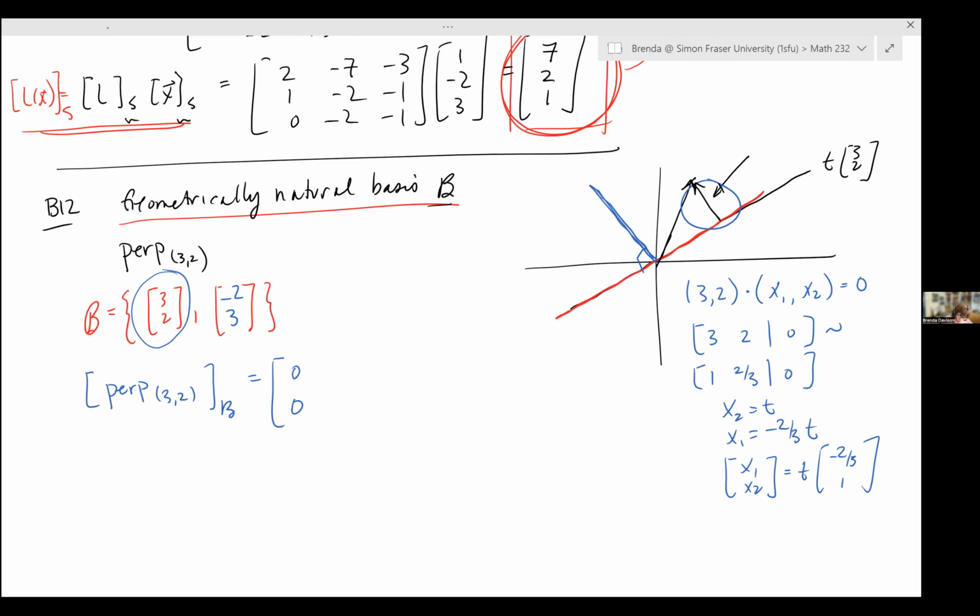And then if you look at what happens to the second basis vector, what happens to him? Well, he is actually just the perpendicular thing that you're looking for. So the transformation selects him, and we are done.